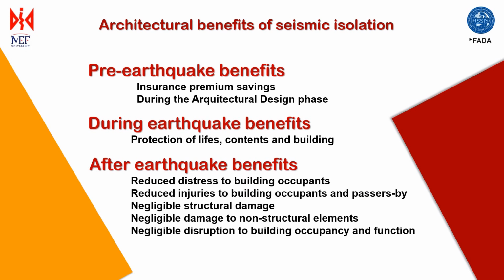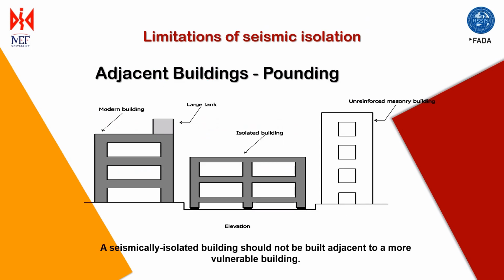Of course, the system has some limitations. The effectiveness and application of seismic isolation can be limited by adjacent buildings. It makes little sense to isolate a building that is adjacent to one that is more vulnerable.